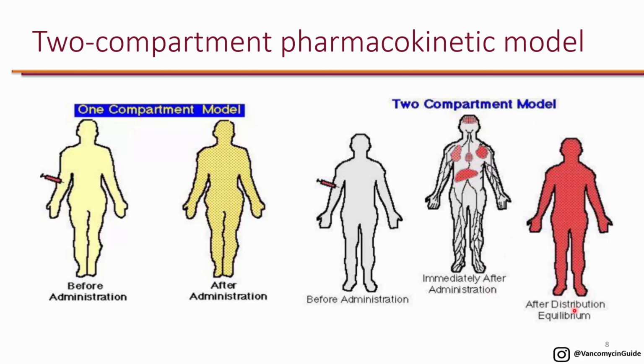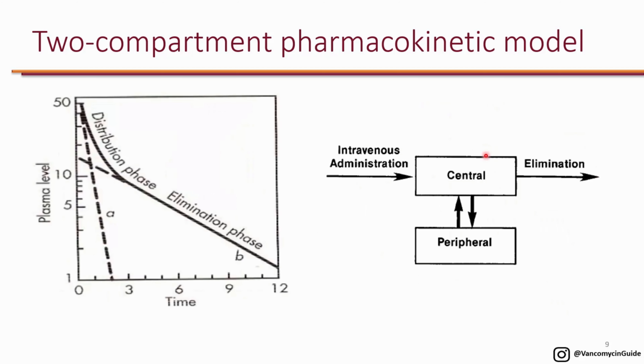So one compartment is the central compartment, which is basically circulation. And then the second compartment is when vancomycin goes from the central compartment to the peripheral tissue. So the peripheral tissue is that second compartment. This is significant because as we administer vancomycin intravenously, it goes into the central compartment, which is circulation, and normally it will be eliminated through the kidneys.